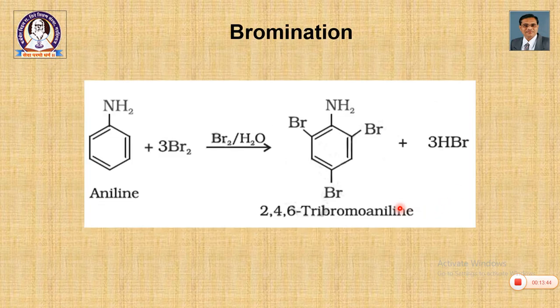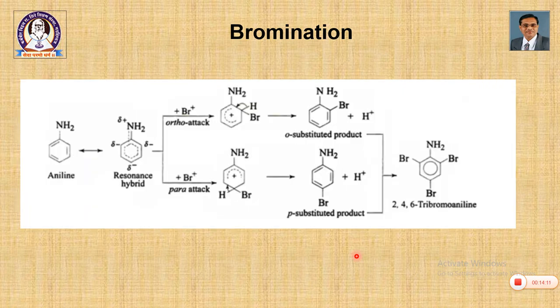Second reaction, bromination. So, bromination is substitution by bromine. In general electrophilic substitution reactions, you have seen the mechanisms also. In case of aniline, bromine in HBr, we get 2,4,6 tribromoaniline as the product. Aniline plus thrice Br2 gives 2,4,6 tribromoaniline and thrice HBr as the byproduct. So, the reaction is again taking place in this manner.